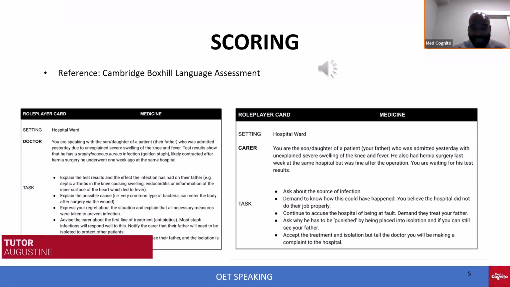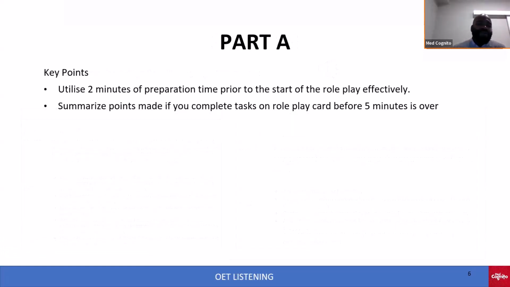I would want to mention the key points from this presentation that we just had. It's very important, please, very, very important. The 2 minutes of preparation that is given to you may be the difference between you being able to perform very well and you just performing okay to pass the exam.